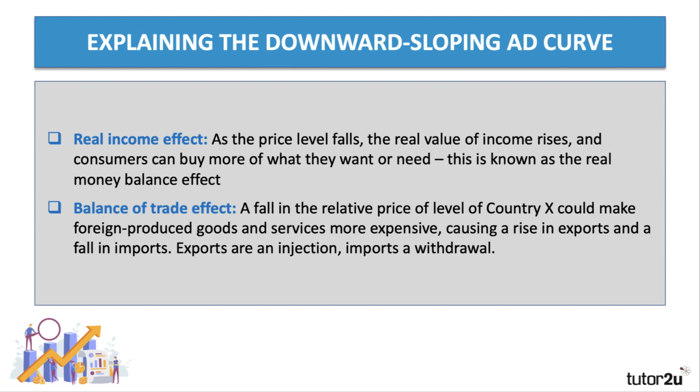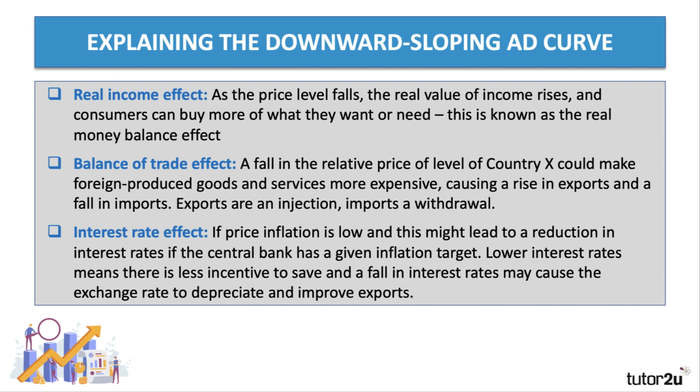A rise in exports, of course, adds to aggregate demand. And also those overseas products become relatively expensive compared to UK output, so that could cause a fall in imports. AD is C plus I plus G plus X minus M, so if imports go down, aggregate demand goes up. Exports, of course, are an injection into the circular flow. Imports, a leakage, a withdrawal from the circular flow.